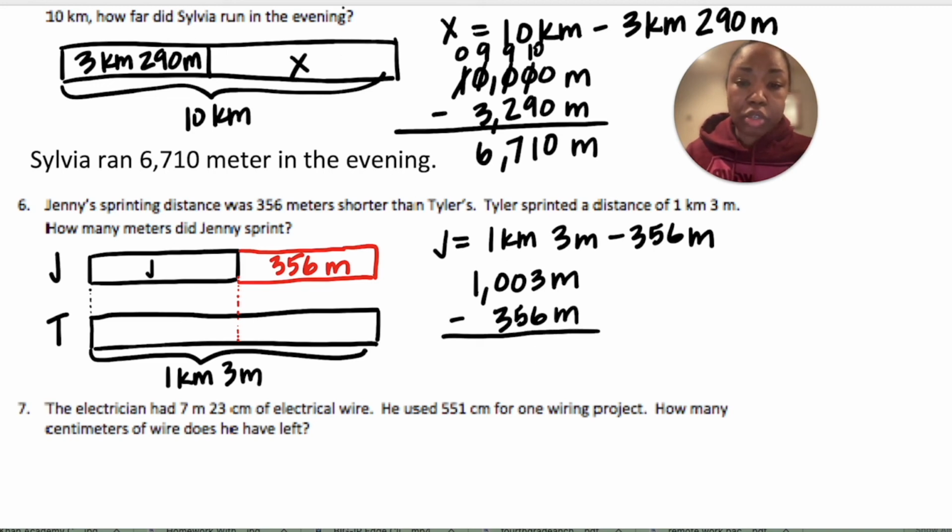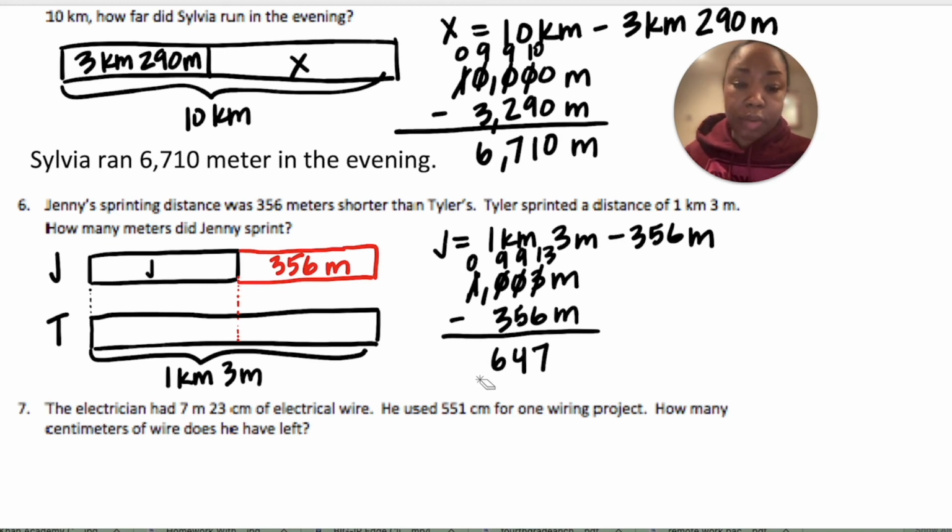I can't do 3 minus 6. Can't take from 0 or 0, so I'm going to take from this 1. The 0 becomes 9. This 0 becomes 9. 10 first and then 9, because we have to regroup from the 10. And then this 3 becomes 13. Now I can subtract. 13 minus 6 is 7. 9 minus 5 is 4. 9 minus 3 is 6.